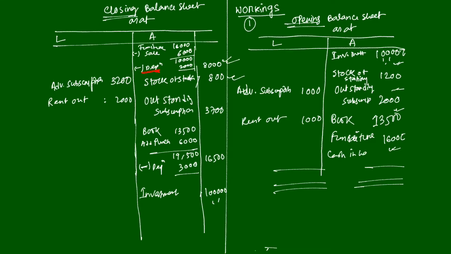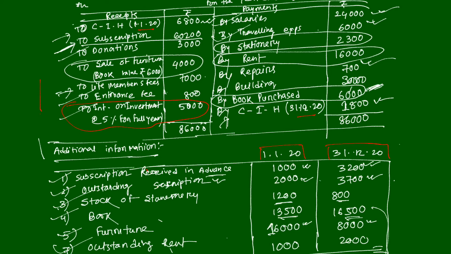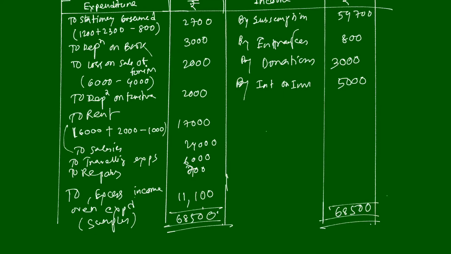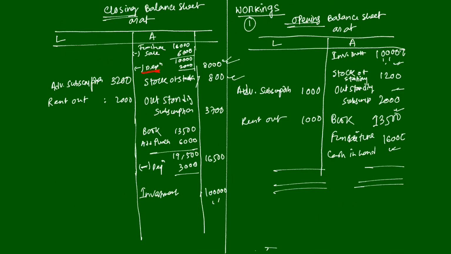Opening cash in hand is written here, 6,800. Then 16,000 is written. Then 13,500 written. Everything is written. Investment 1 lakh. Total 1,39,500.